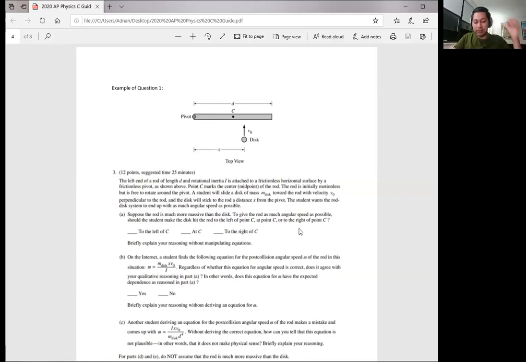Rather, what we would say is that the further you are from the axis of rotation, the greater the torque you generate. And if you can generate a lot of torque, then you get a larger angular acceleration. And if you have a larger angular acceleration, you will get a greater spinning speed or angular speed. So that's what they're looking for. They're not asking for torque is equal to I alpha and all that stuff. But what you could say is that torque is proportional to alpha. And what does that mean?